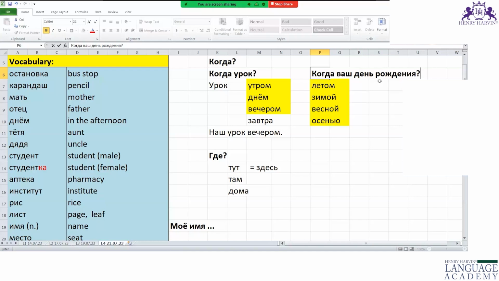So birthday, we have the opposite, day of birth. Когда ваш день рождения? So день is a masculine word, that's why ваш is masculine here. Masculine gender, we ask ваш. And you can say, мой день рождения летом.